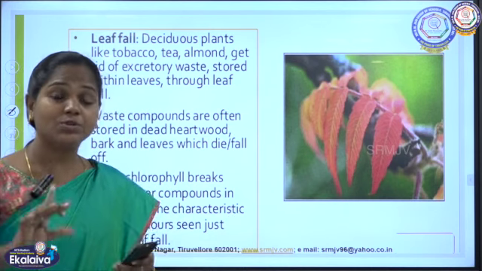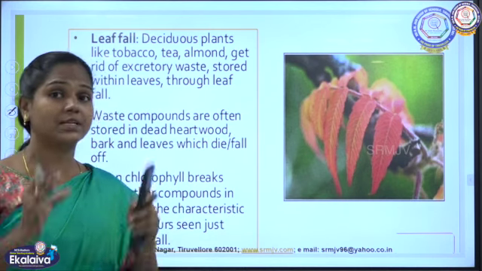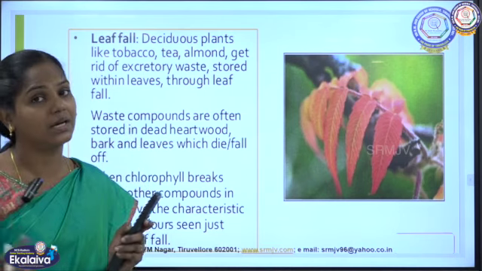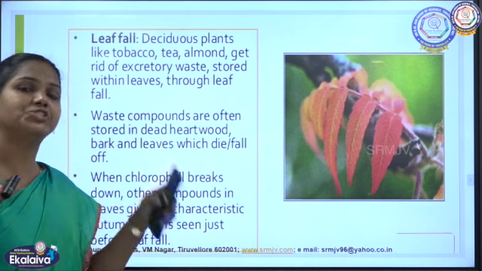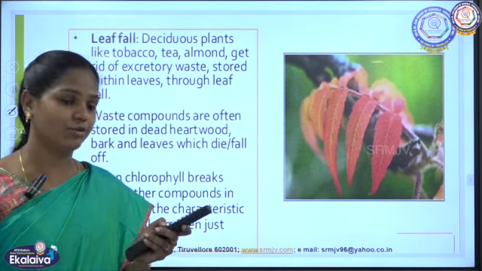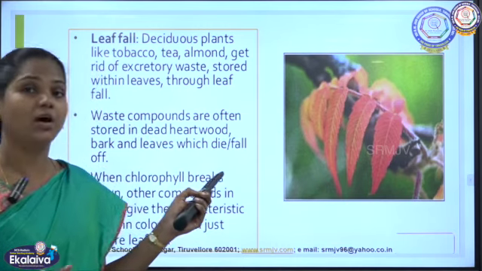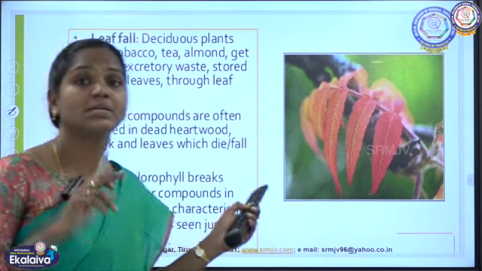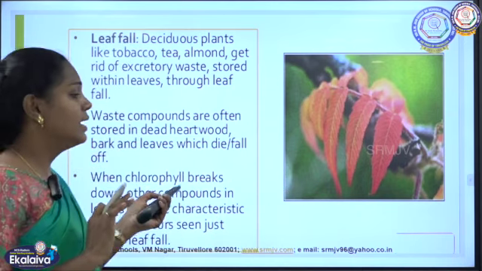So it means that the broken chlorophyll is stored in that part, which leads to the color change. Simply by shedding their leaves, those wastes are liberated, excreted out of the plant body. So this is one way the plants excrete their solid and liquid waste.